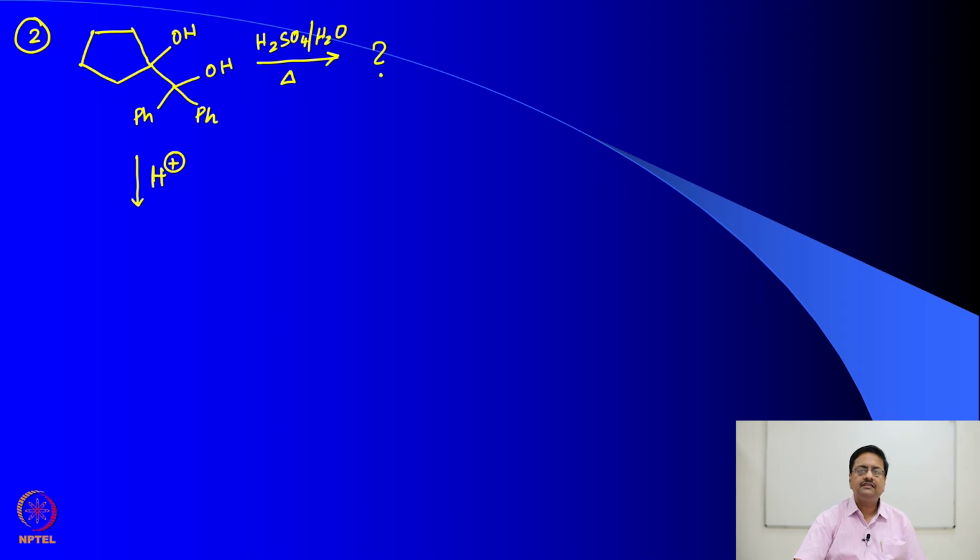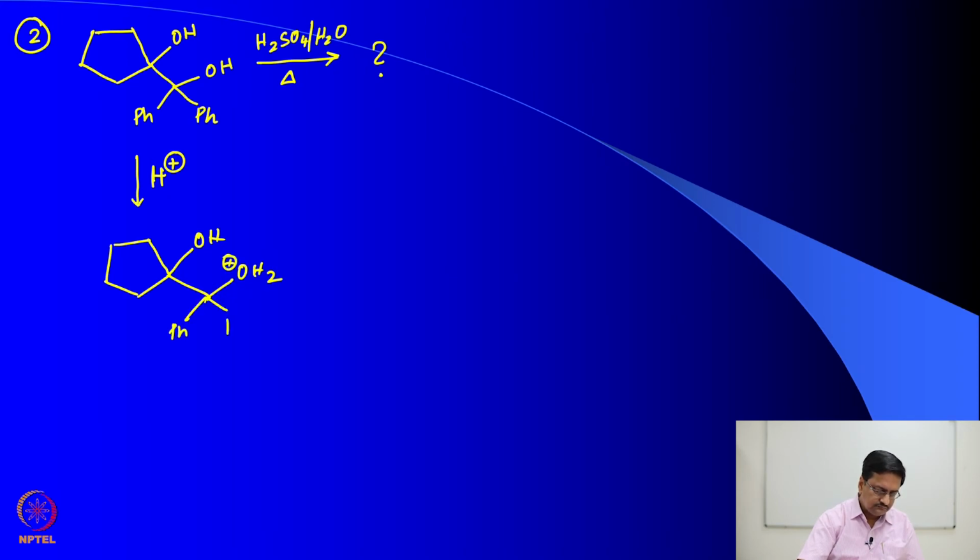If the addition of proton takes place in the OH group outside, it will form this protonated molecule. In the second step, when a water molecule is eliminated, it forms a carbocation.